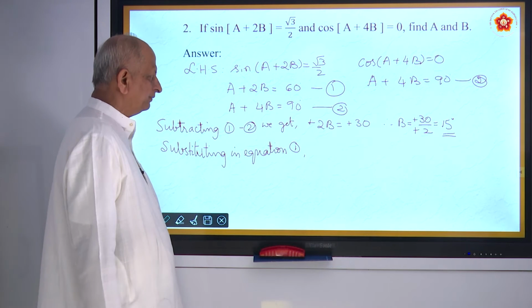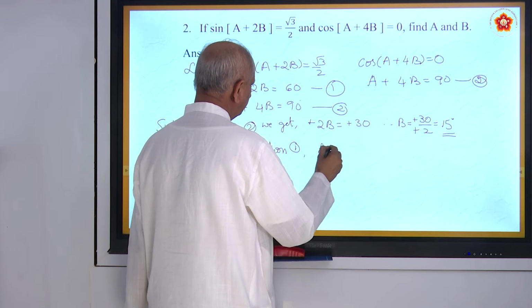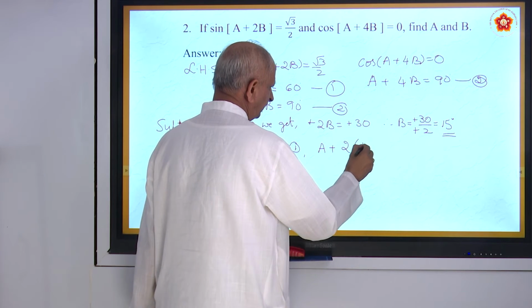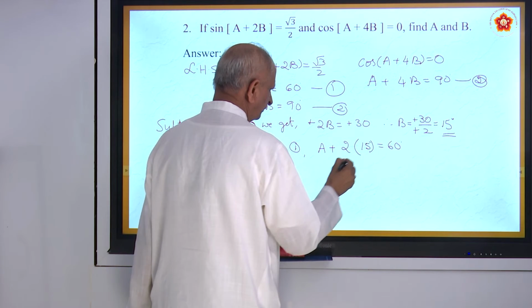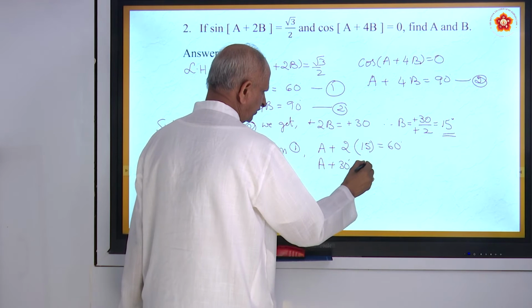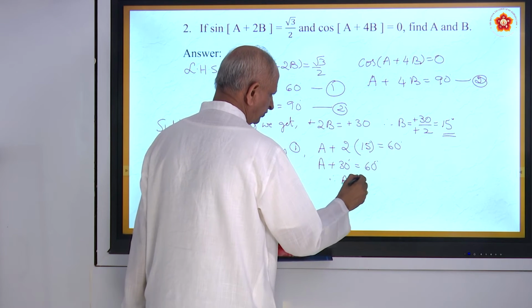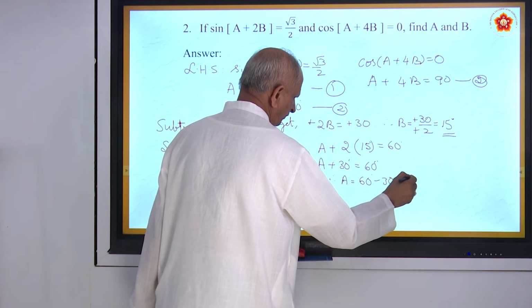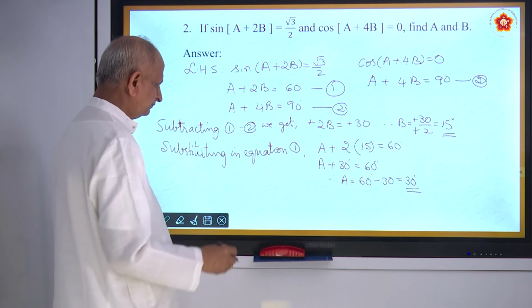Substituting in equation 1, you have A plus 2b, 2 into 15, is equal to 60 degrees. So A plus 30 is equal to 60. So A is equal to 60 minus 30, that is 30. So A is 30, B is 15.